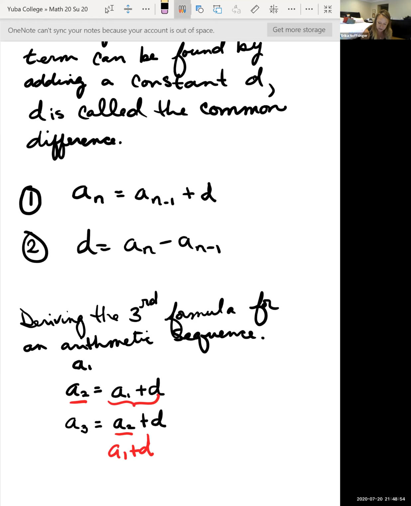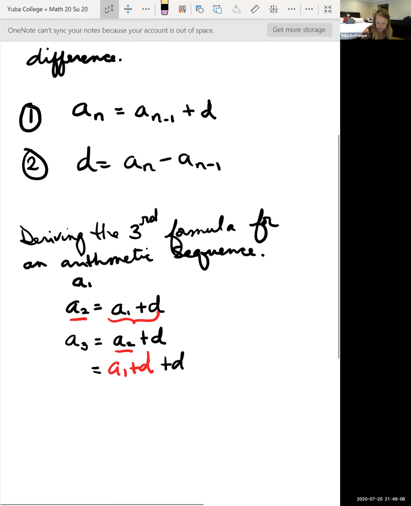And then I have this plus d over here. So let's combine like terms here. And so a sub 3 is equal to a sub 1. d plus d, though, is plus 2d.